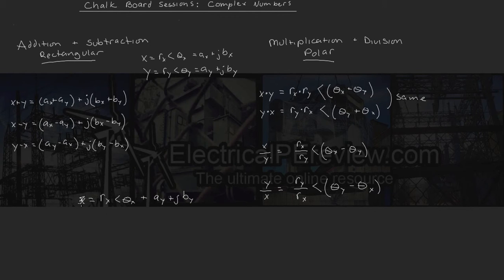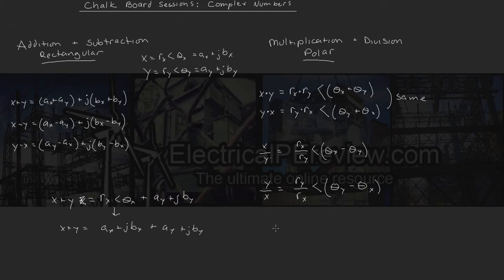So this is really x plus y. What you'd have to do is convert our x vector to rectangular first. So Ax plus j bx plus Ay plus j by, and then carry it out.